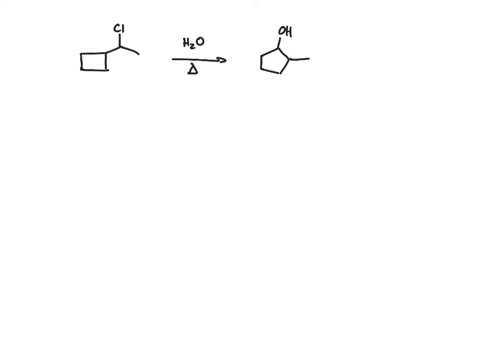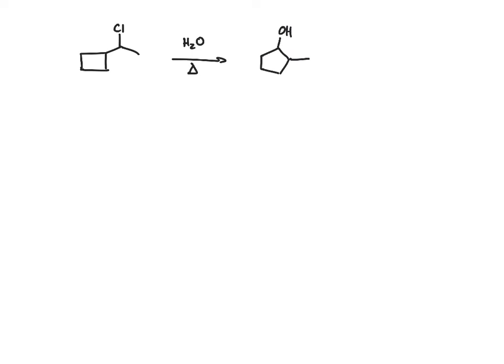What's the first thing that pops into your mind going from the starting material to the product? Another carbon. What, just putting a roof on it? You said another carbon. Well, it's not another carbon, it's just moving. So the ring has enlarged.